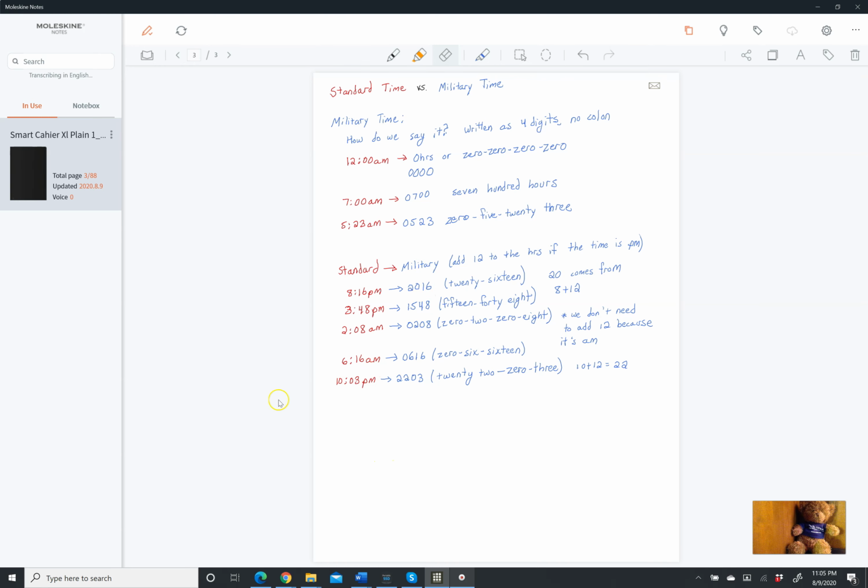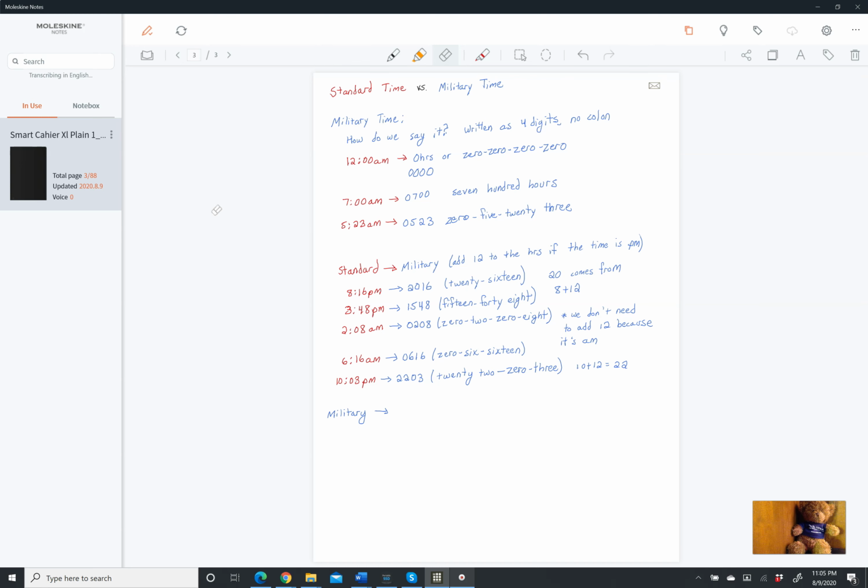Okay, let's go from military to standard this time. So remember, military to standard, if the first 2 numbers are less than 12, okay, then it's the same. It's just the way that we write it that's different.